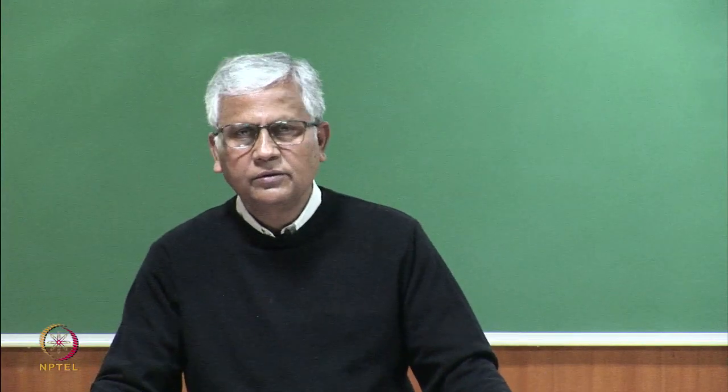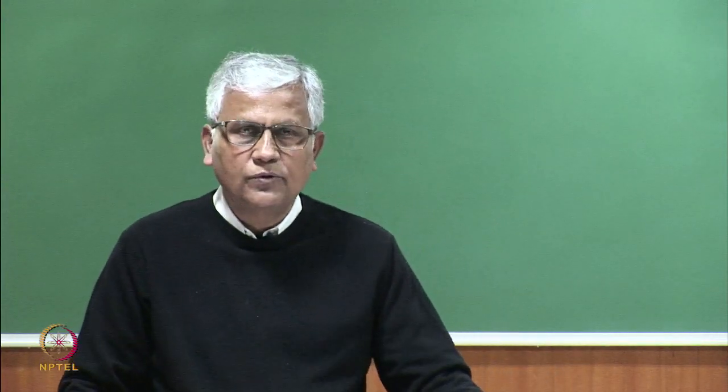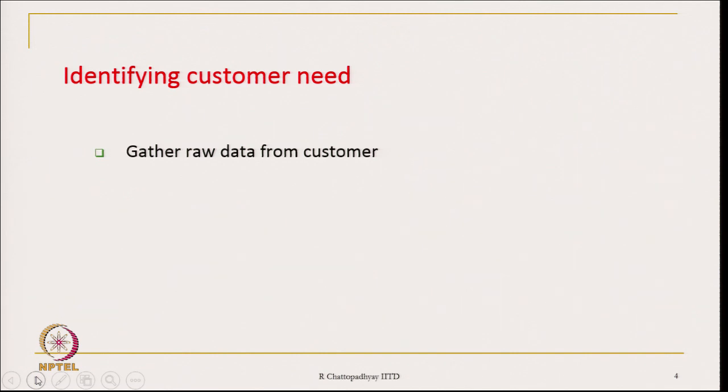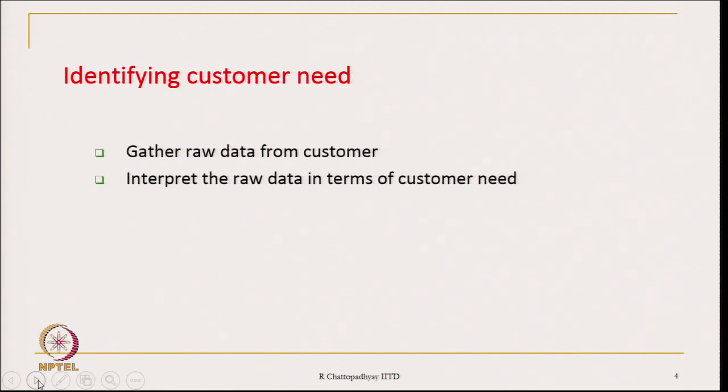Therefore, we must offer what the customers are looking for, and hence we need to know what the customers really want. For that, the first step is gathering raw data from the customer. We will see how we gather raw data, then interpret the raw data in terms of customer need.